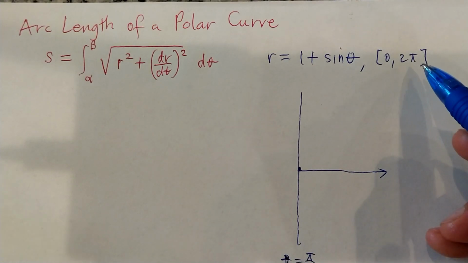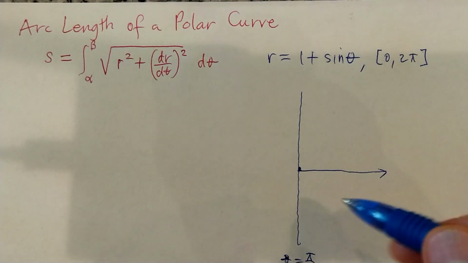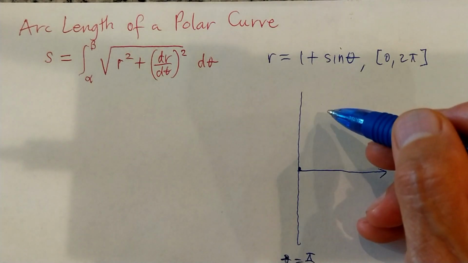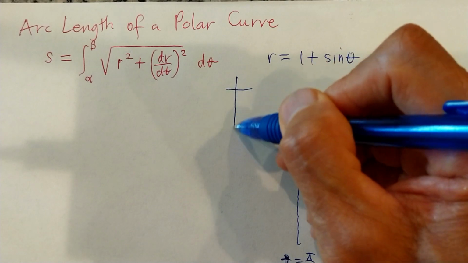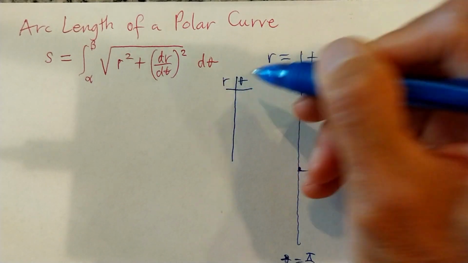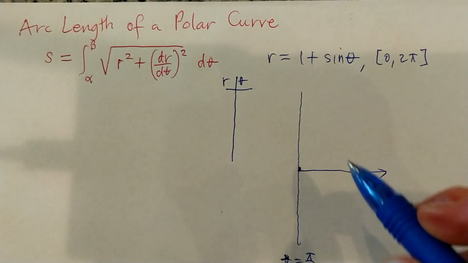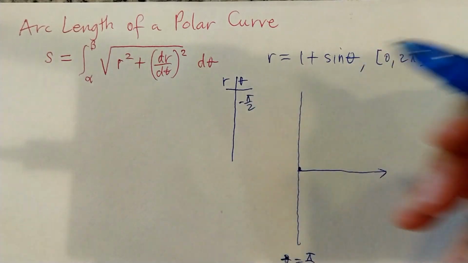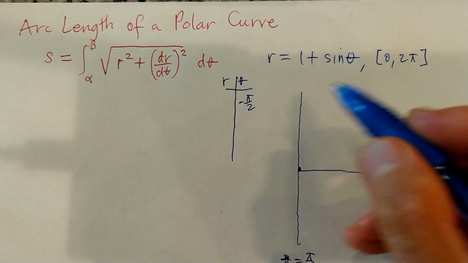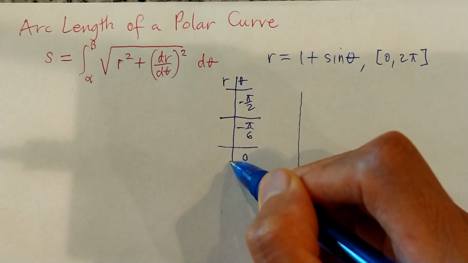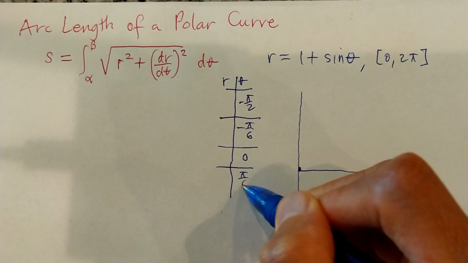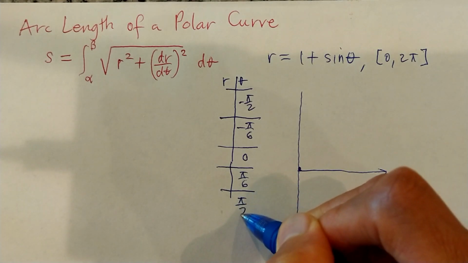To graph this, I'm going to use angles from the fourth quadrant to the first quadrant, and I'm going to use the following values of theta: negative pi over 2. Because this is sine, I'm going to use negative pi over 6, 0, pi over 6, and pi over 2.